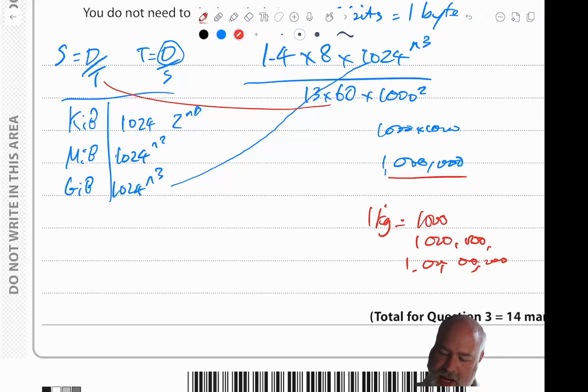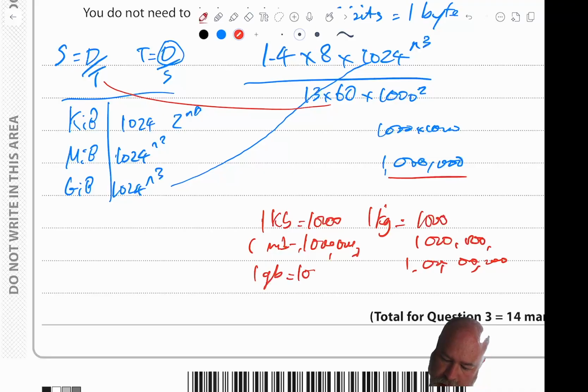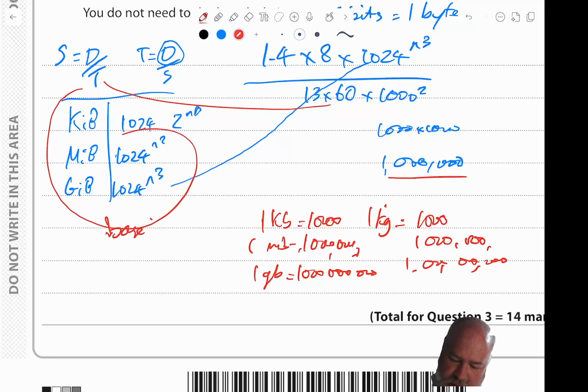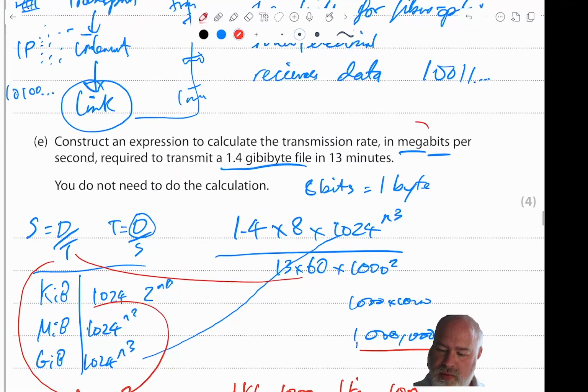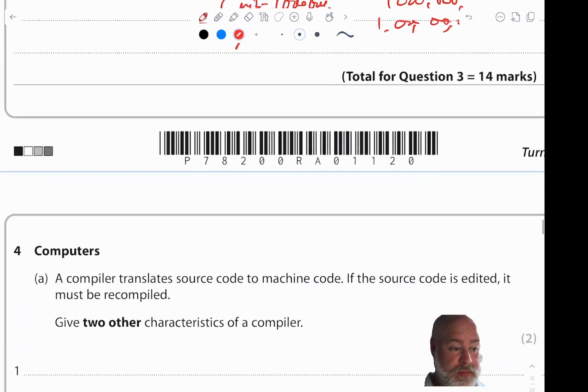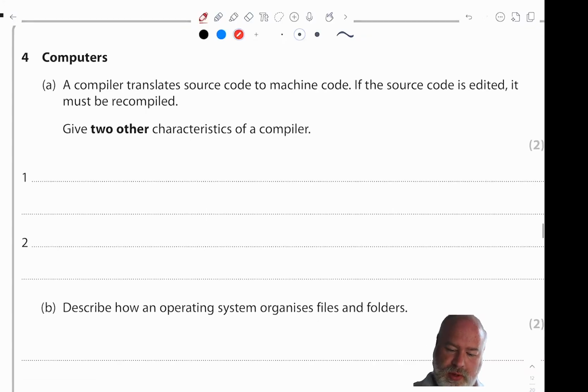So if you had a 1 kilobyte, it's like a kilogram. 1000 megabyte. This is all base 10. 1 million, and then gigabyte is 9 zeros. But this is in base 2. It's not base 10. So you just got to remember the differences between those. It's one of those things it's worth doing before the exam.